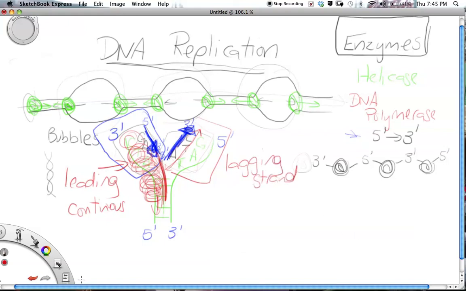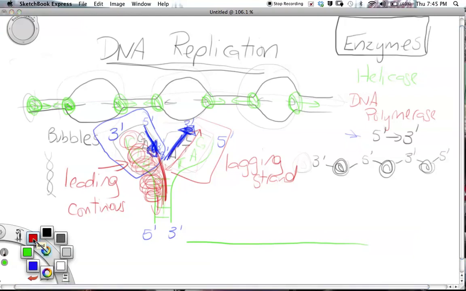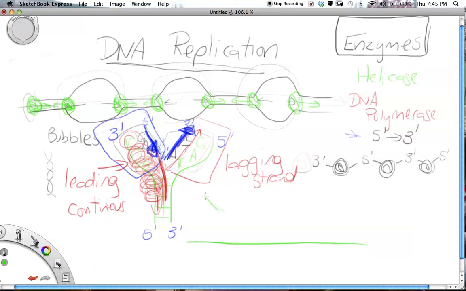So it's going to look like, if we have our old strand, this green, then what's going to end up happening is this part was broken off, and this was left empty, so this got made.